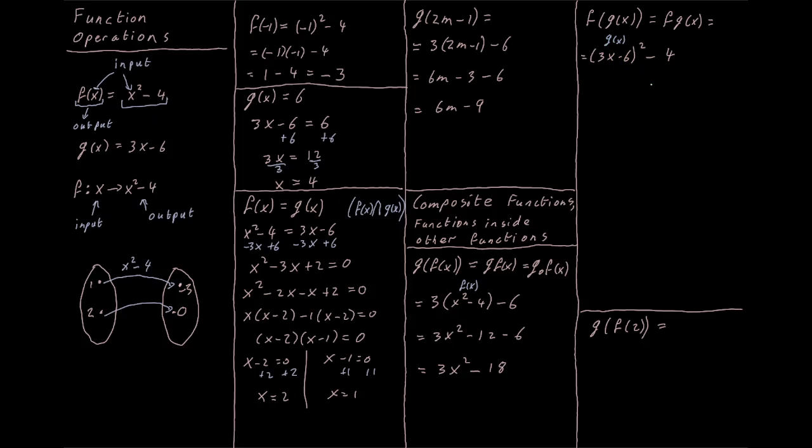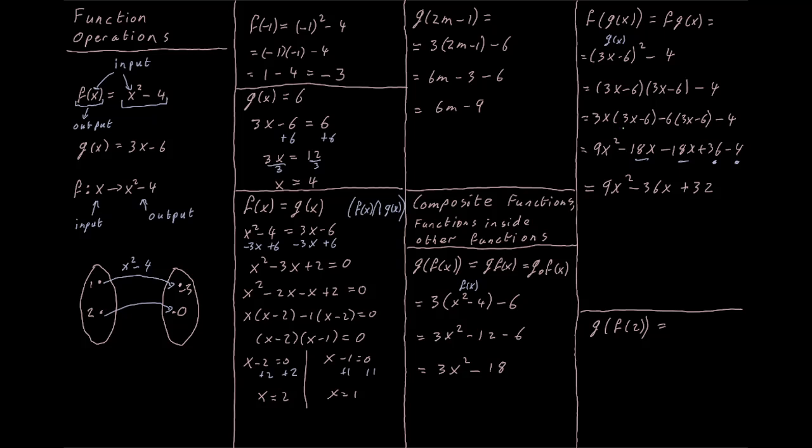And now we're just going to multiply this out. Squaring a bracket means multiply the thing by itself 2 times. We just multiply out that bracket and tidy up. We have 3x groups of 3x minus 6 groups of 3x minus 6, and we still have minus 4 units on the end. We end up with some like terms and we add them all up, and that is going to be our f of g of x.